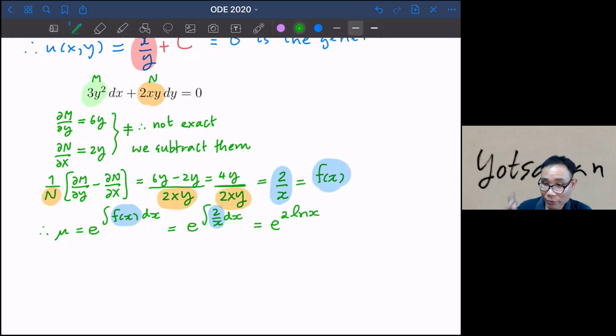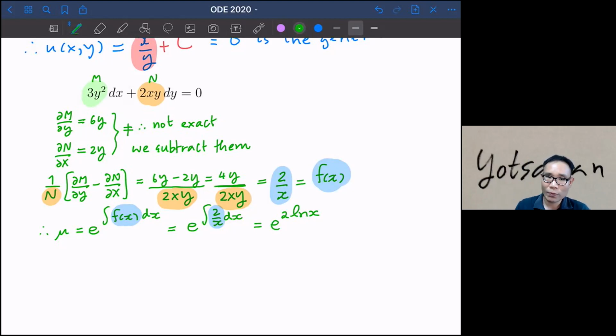We're not going to put plus C, and we're not going to put absolute value here, because we only need one mu. The purpose of mu is that we multiply it to the whole equation in order to make the equation an exact equation. It can be more than one mu, however we just need only one.